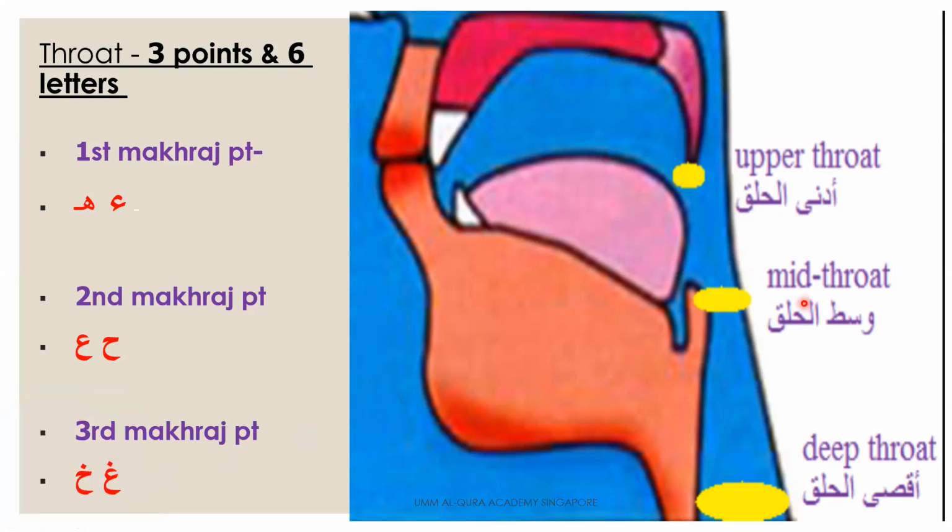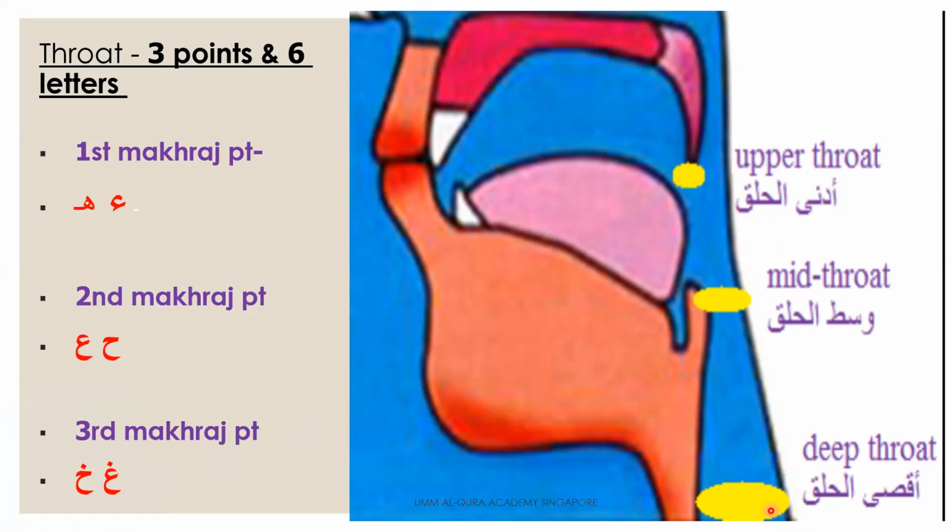So these are the 3 makhraj points. Each makhraj point can have 1 letter or up to 3 letters emitting from it. In the throat we have 3 makhraj points, and in each we have 2 letters being articulated.